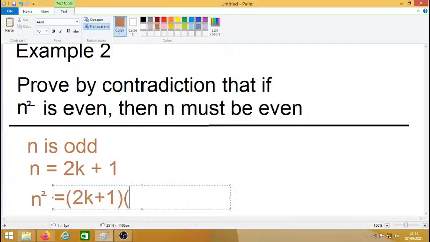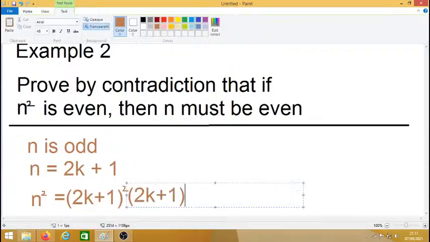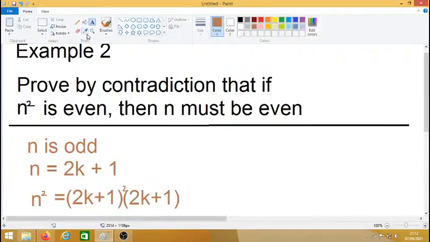But we know what 2k plus 1 squared really means. It really means that we've got the bracket twice, so I can write that as 2k plus 1 twice.